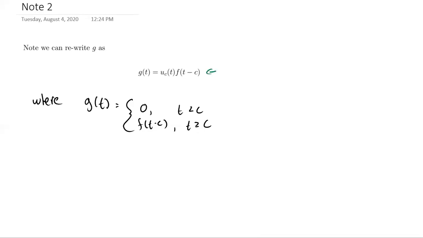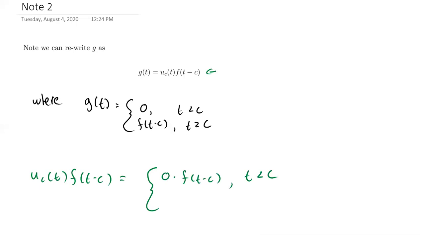So let's see what this function is. u sub c of t times f of t minus c is equal to, for t less than c, u sub c of t is 0, and this is just f of t minus c, which of course just becomes 0.